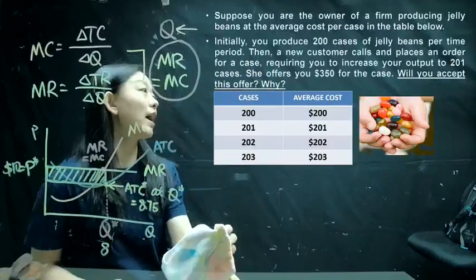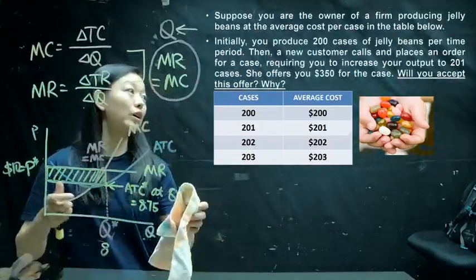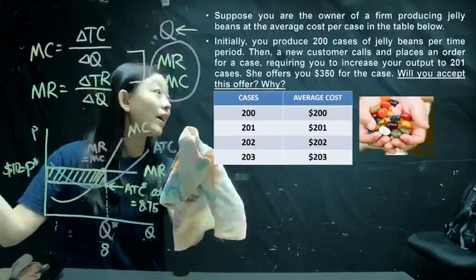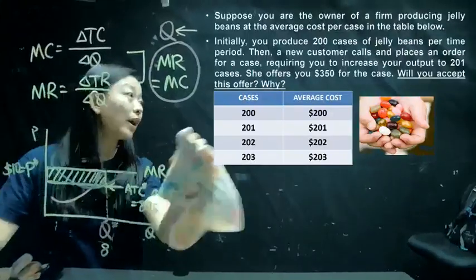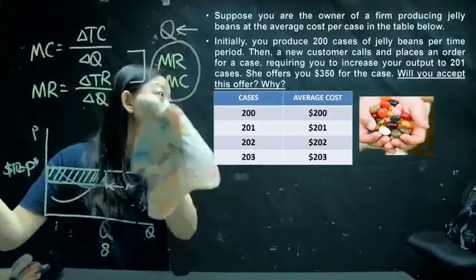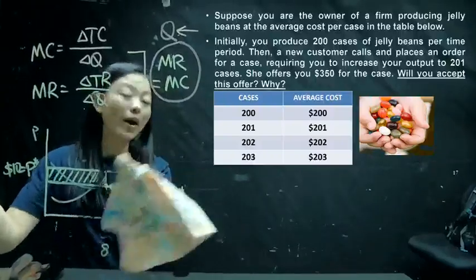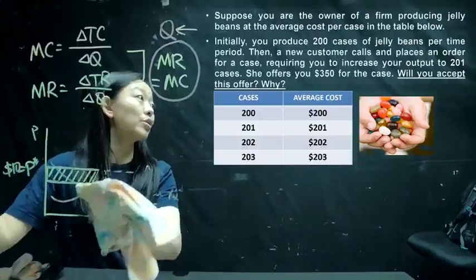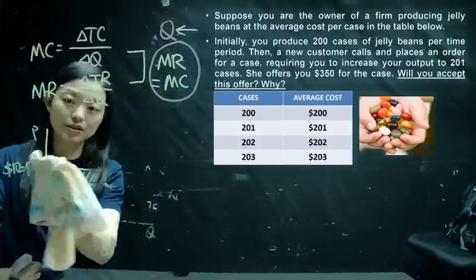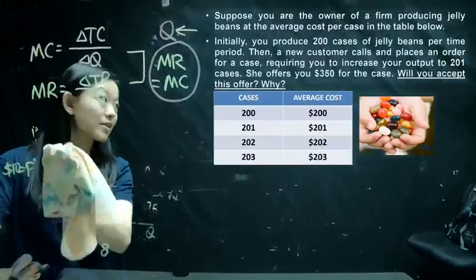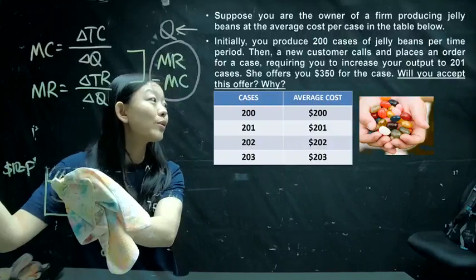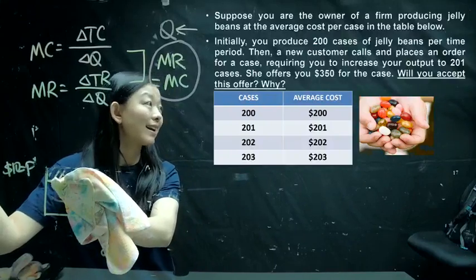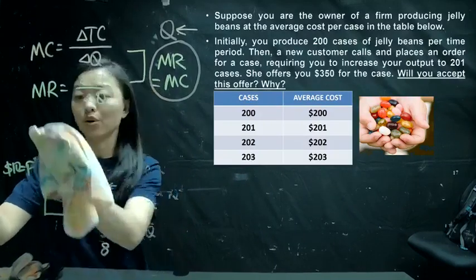Initially, you produce 200 cases of jelly beans per period. Then a new customer calls and places an order for one case. So it requires you to increase your output from 200 cases to 201 cases. She offered you $350 for that case. So will you accept this offer?